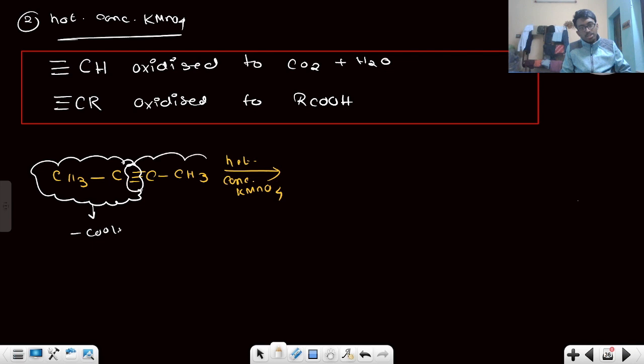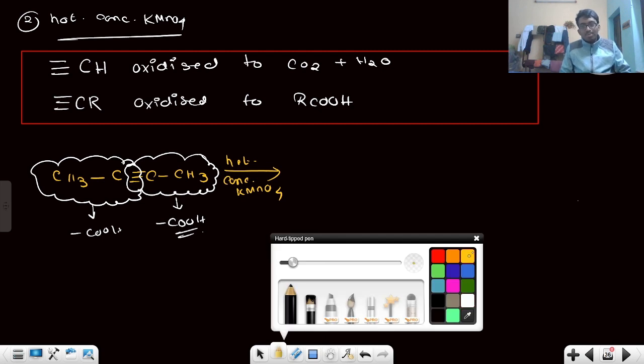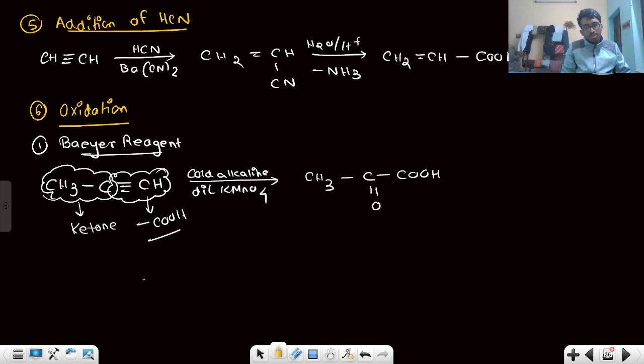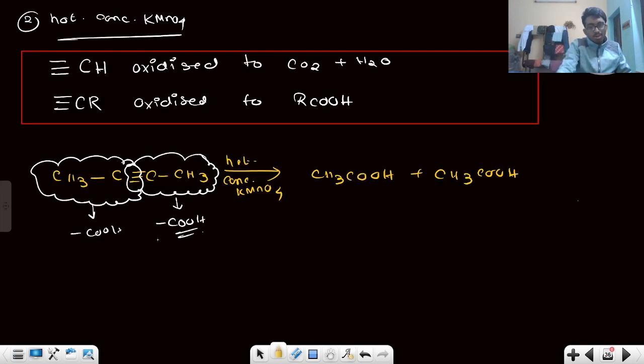And this side also I can see RC, so this side will also become COOH. Both sides are RC, so what will be the product? CH3COOH plus CH3COOH. Understood? As easy as that. Done.